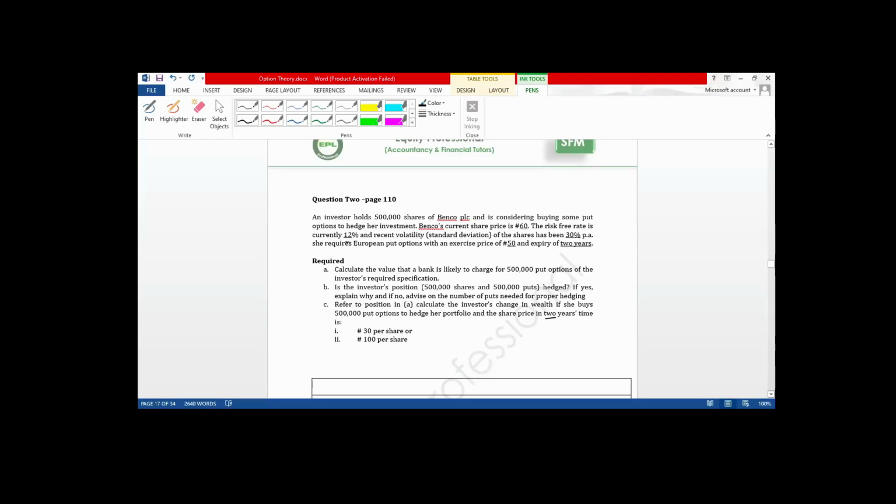Let me try to explain this requirement. As of today, the current share price is 60 naira.